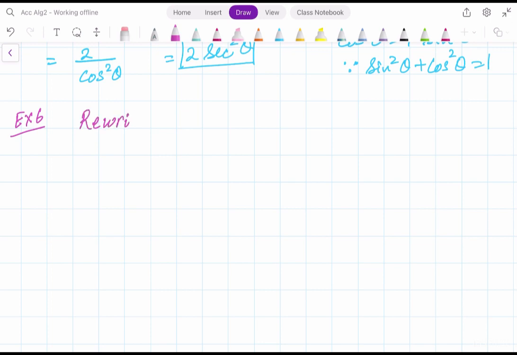Now they want you to rewrite the expression not in fractional form. So the expression is given and I need to rewrite it so that it is not in fraction form anymore.